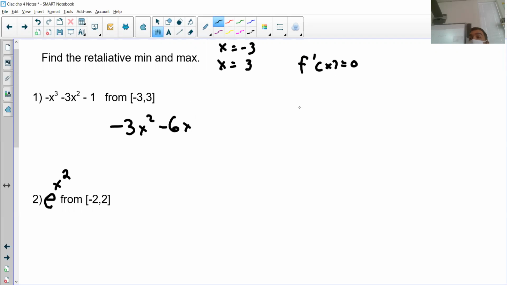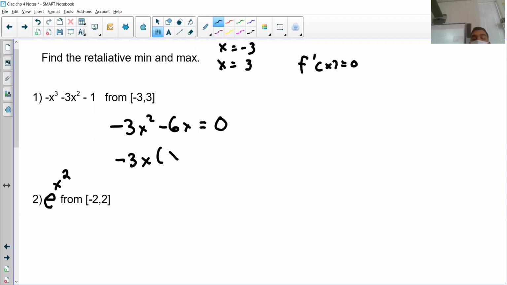Now, we want to figure out what x values cause it to be 0. So I'm going to set it equal to 0 and then solve for it, and in order to solve for it, I'm going to factor. What can I factor out between 3x squared and negative 6x? Good. I'm going to factor out a negative 3x.